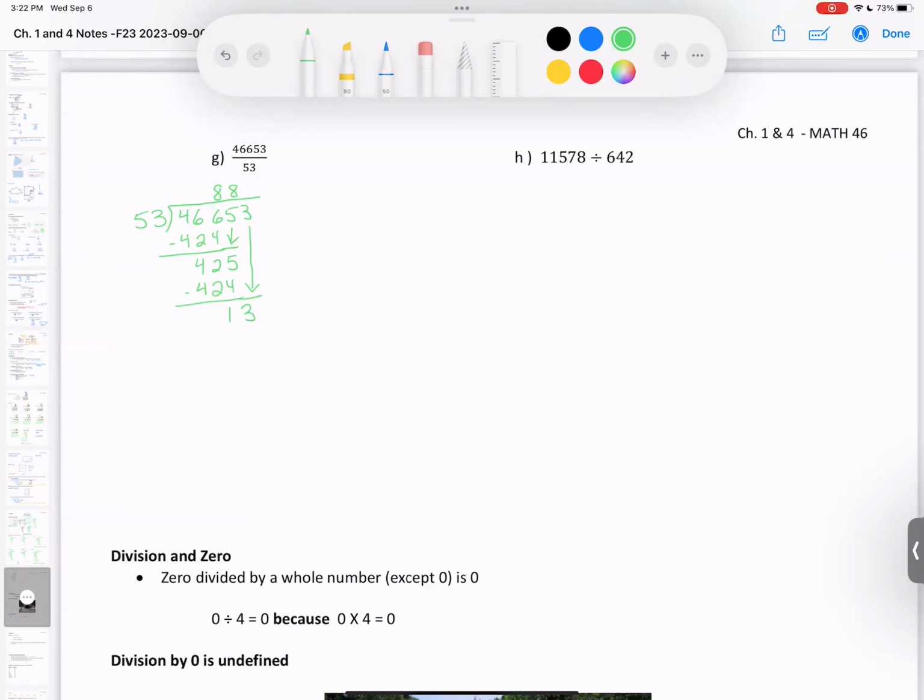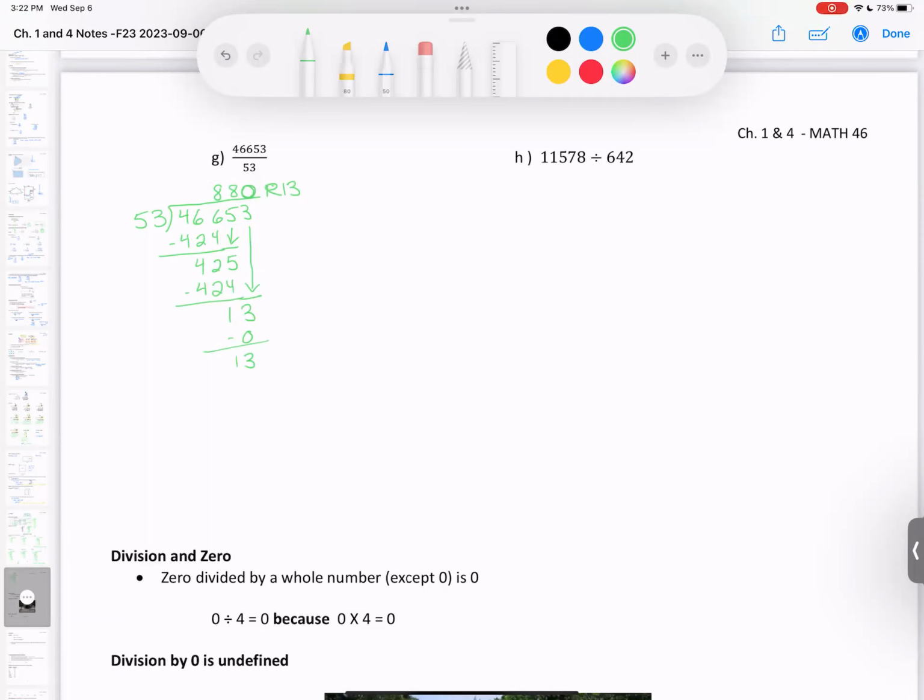Now we have to ask ourselves, how many times does 53 fit into 13? The answer here is 0. It doesn't go even once. Now that we've dropped all our numbers, our remainder would be 13. If you want, you could say 0 times 53 is 0. So you subtract the 0, and you will end up with a remainder of 13 here.